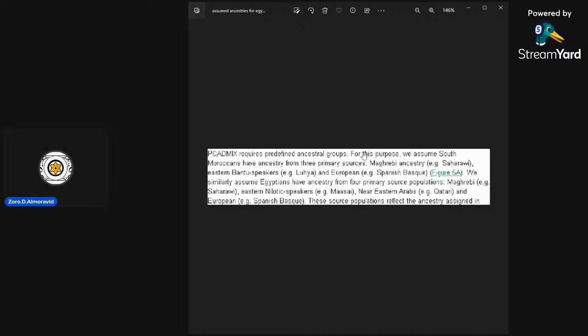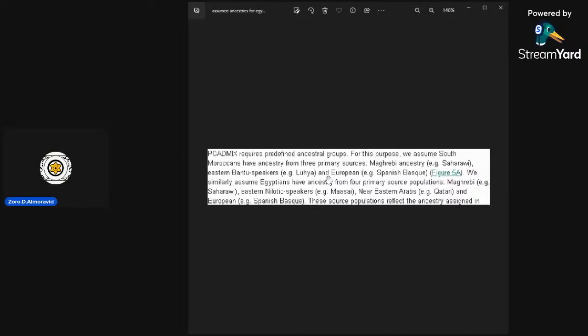And realistically speaking, this is the most accurate, realistic ancestral composition: Berber ancestry, West African / East African ancestry, and European, aka Southern European ancestry, which is Spanish, Italian / Greek.